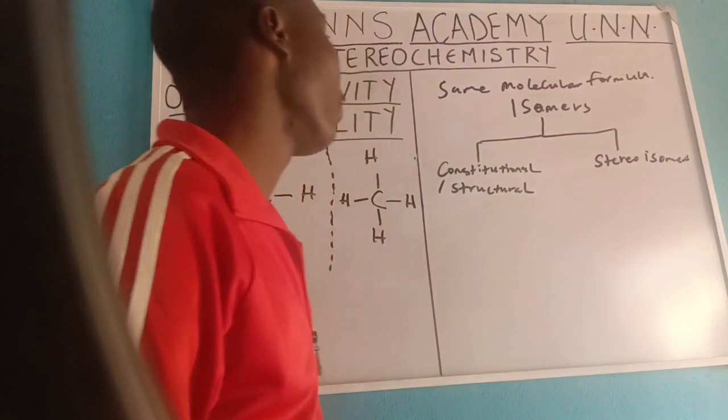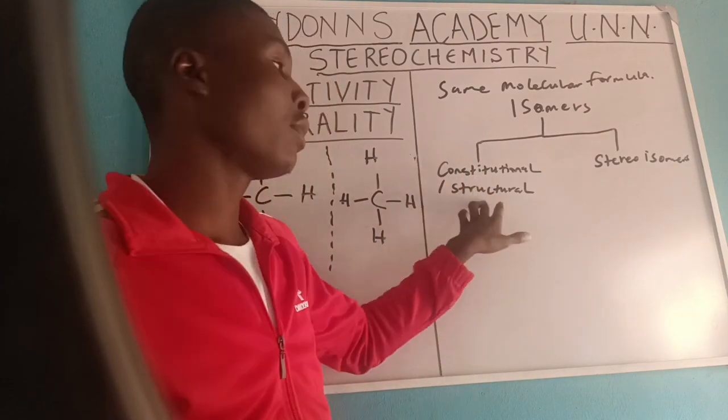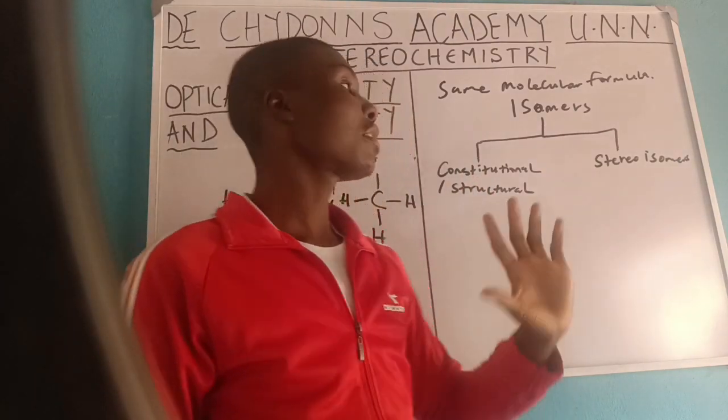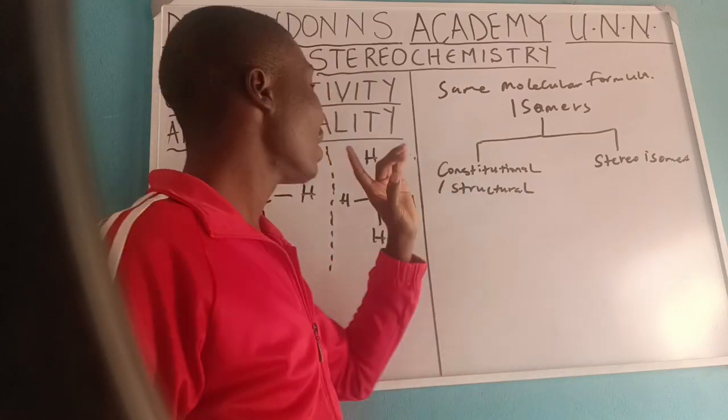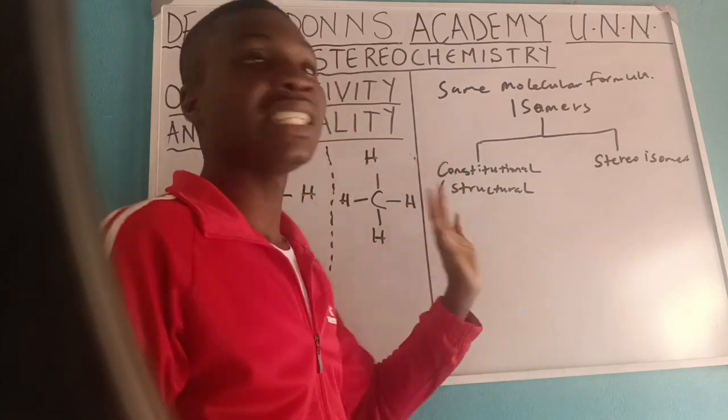Now, what do we refer to as constitutional or structural isomers? As you've already seen from the name, these compounds have the same molecular formula, but their difference is captured in their structure.